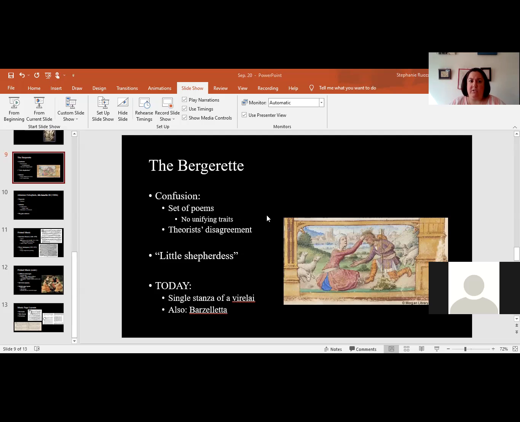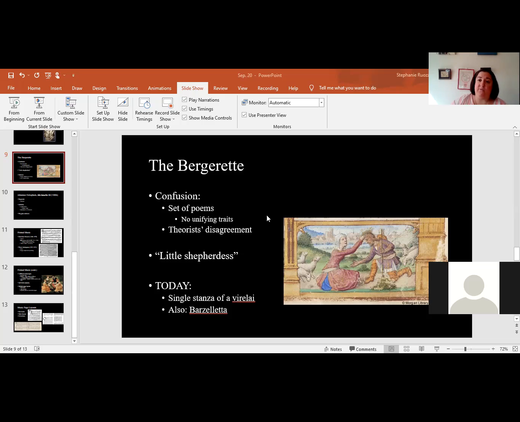Originally, it was used to describe a set of poems that shared no formalistic or stylistic traits. It was just, here's a set of poems, Bergerac. Eventually, after some time, theorists started using the word Bergerette for several different types of music that had no traits.